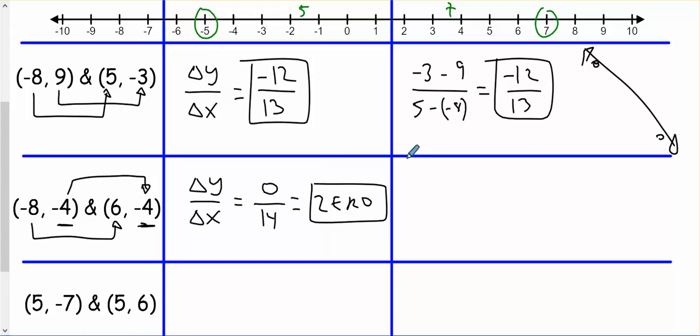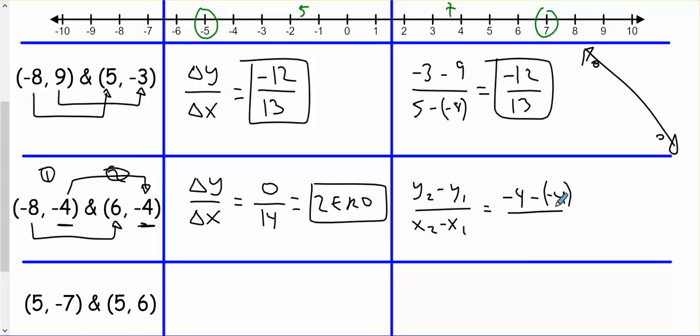Using the y2 minus y1 over x2 minus x1 method. Remember, these are our 1s and these are our 2s just because it's first and second numbers. So -4 minus a -4 over 6 minus a -8.